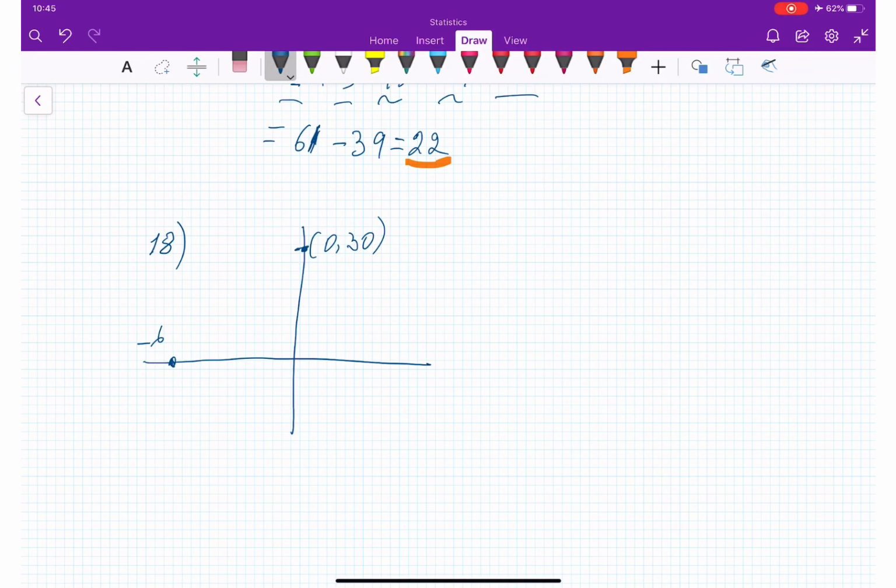So its graph is coming like this, and it goes to negative 6. This is, let's say, negative 2, and this is positive 5. So it's coming down like this.